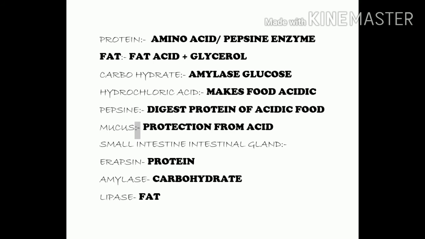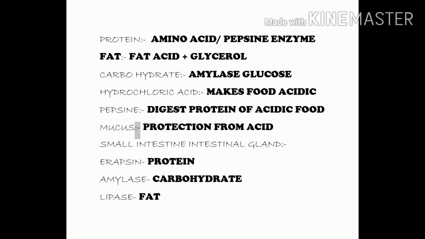Emulsifies means to break down with the help of bile salt large fat globules into smaller fat droplets to increase the surface area for fat digestion, increasing the efficiency of the fat digesting enzyme of pancreatic juice. Bile is a non-enzymatic digestive juice, so it has no chemical action on food.